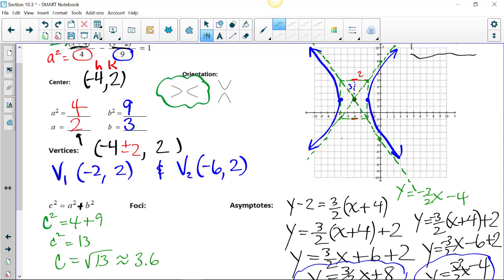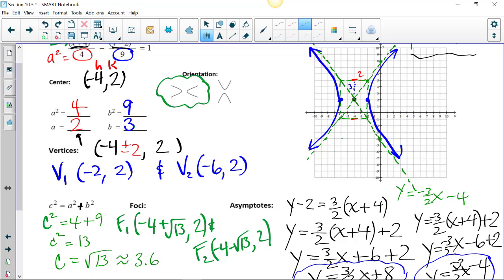But what are the exact coordinates of the foci? We're going left and right, so we're changing the x coordinate. We take the x coordinate of the center, which is -4, and add the square root of 13. That gives us one of our focus points. The y coordinate will be the same, 2. And my other focus point is going to be -4 minus the square root of 13, 2.